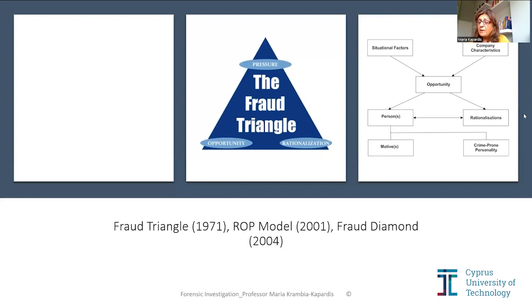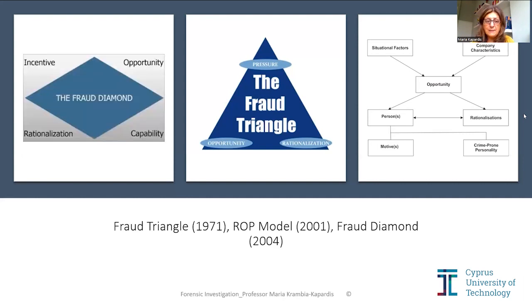Who are these persons? Can anybody commit fraud? What I have found through my research is that these individuals have a crime-prone personality, as we will see shortly, and they have motives. They have a reason. But always, as Cressey said, they rationalize and justify why they stole from the business.